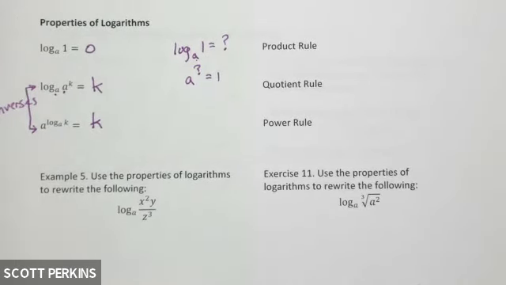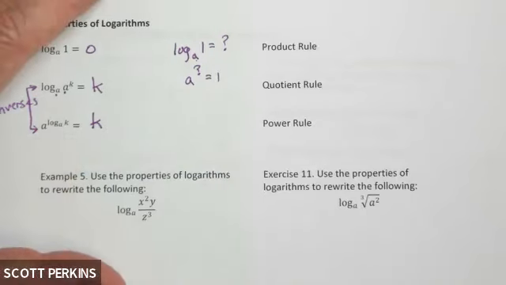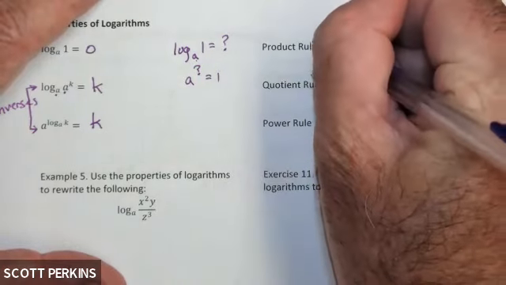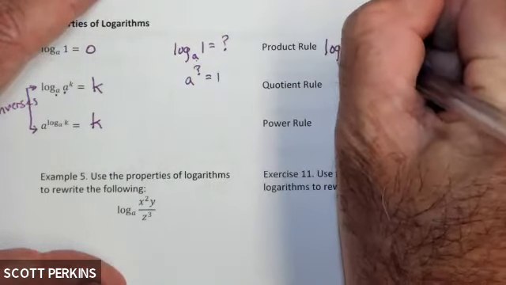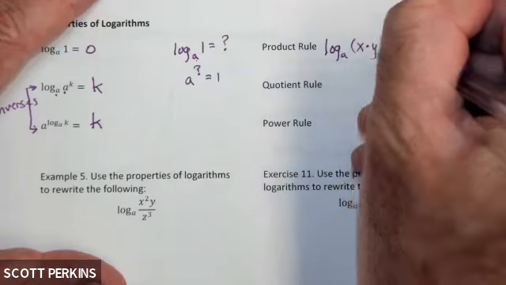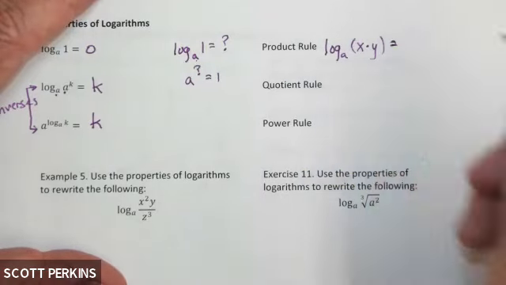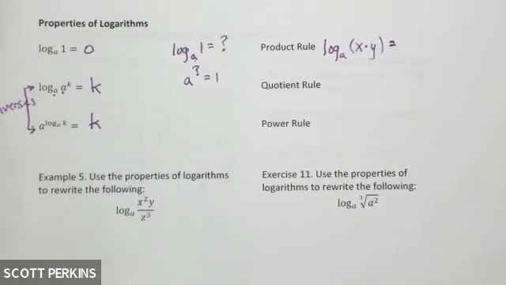Now, those aren't super interesting properties. The next three are the ones that you're going to use more often than not. Product rule, quotient rule, power rule, again, based on the properties of exponents. So the product rule says this: if I have the log base a of a product of two things, x times y, well, again, remind me, what do you do with the powers when you multiply your bases?